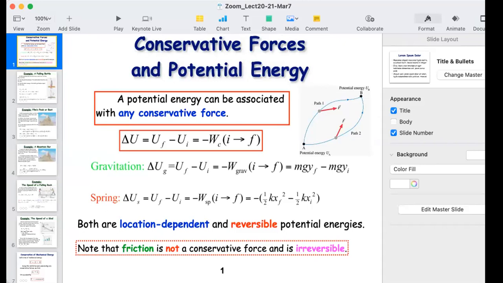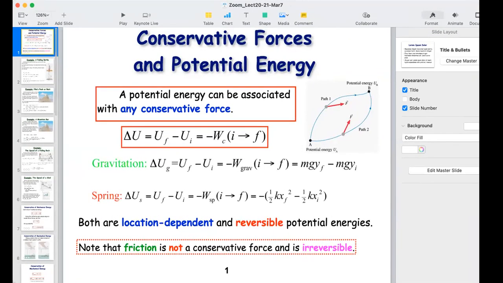Okay, so remember this, we already saw it last Friday, and we were discussing conservative forces and potential energy. The potential energy can be associated with any conservative force and is indicated as delta U, although some books use a different letter.